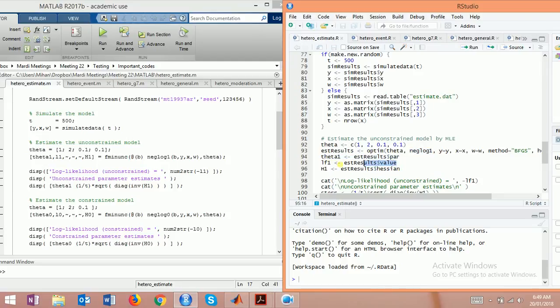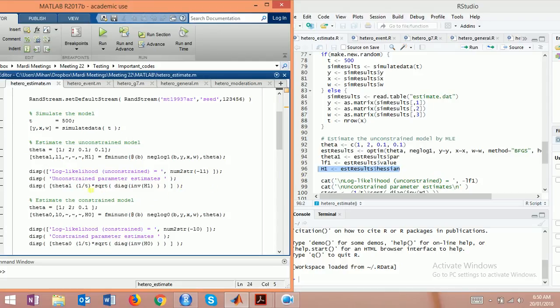LF1 is the estimate results value, in which we have the log-likelihood function. H1 is the estimate results Hessian, stored in Hessian. Now for theta 1, the log-likelihood function and the Hessian, we do fn in nunc at b, neg log 1, b, y, x, w, theta. Very simple.